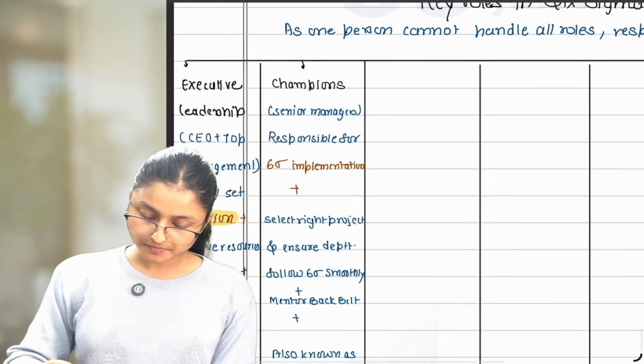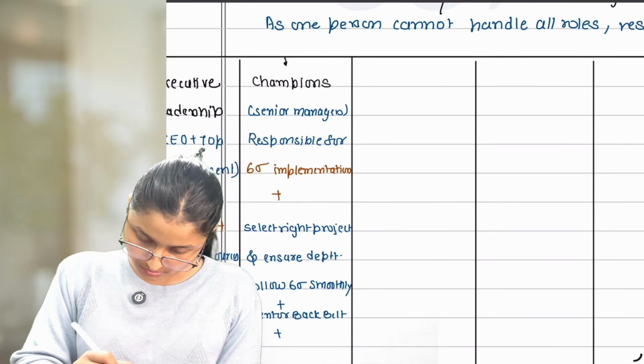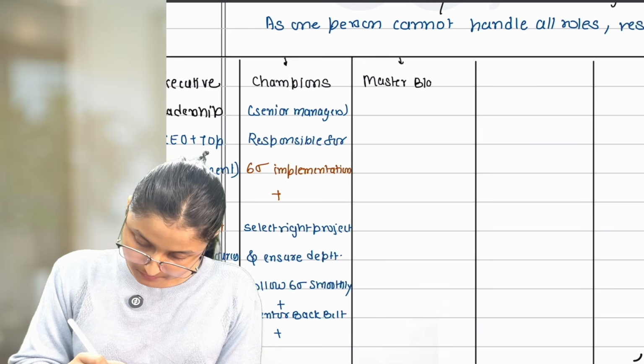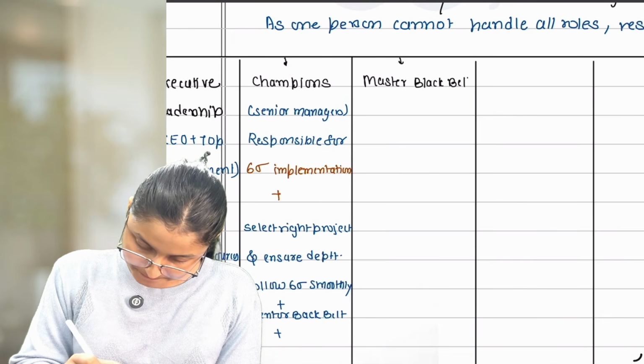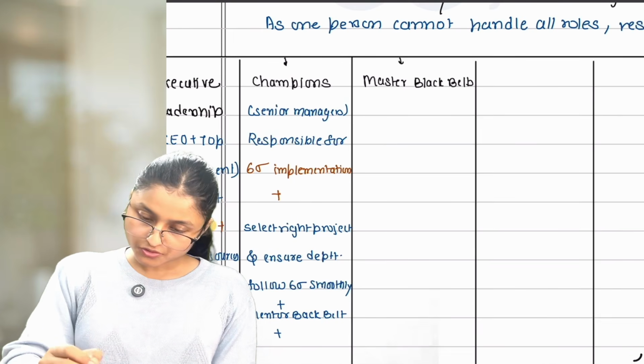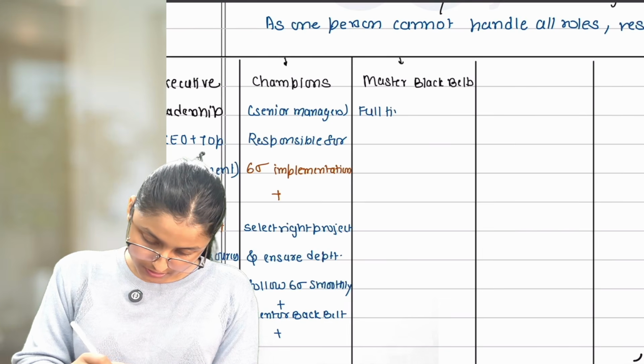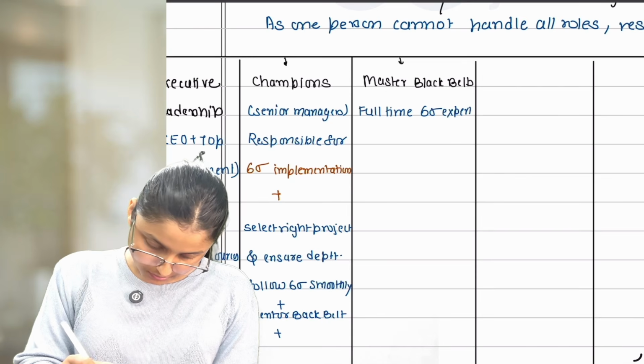Next is master black belts. So they are full-time Six Sigma experts or coaches. Full-time Six Sigma experts.